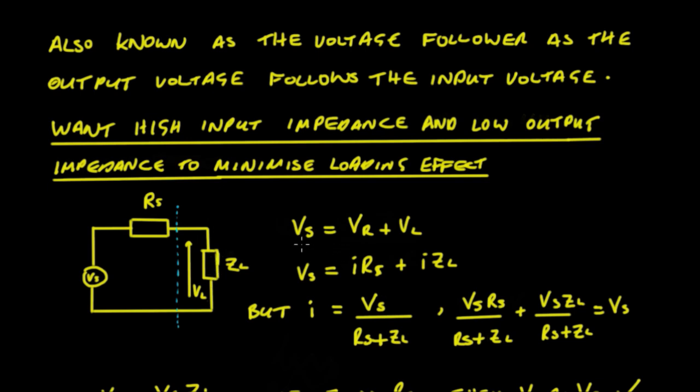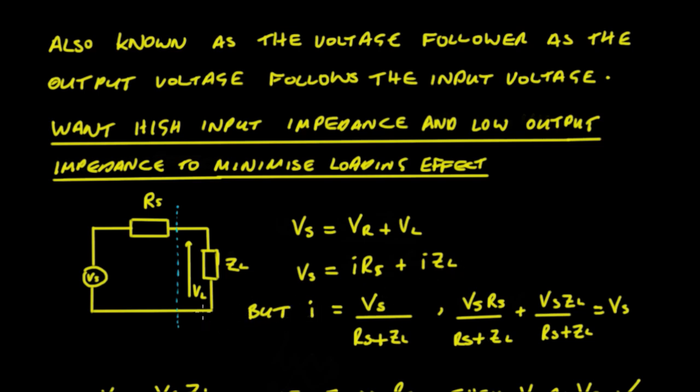If we analyse that, we can say that Vs is equal to the volt drop across the resistor plus the volt drop across that load. The voltage across Rs is equal to the current times Rs, that's Ohm's law, V equals IR, and VL is equal to I times ZL.